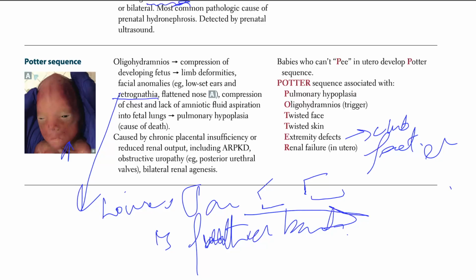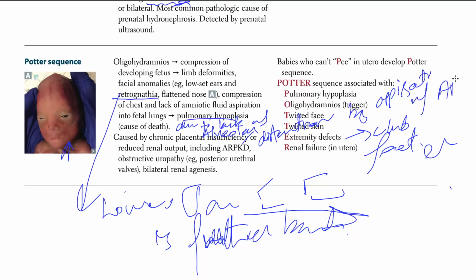And this pulmonary hypoplasia is due to the lack of alveolar distension by aspiration of amniotic fluid.